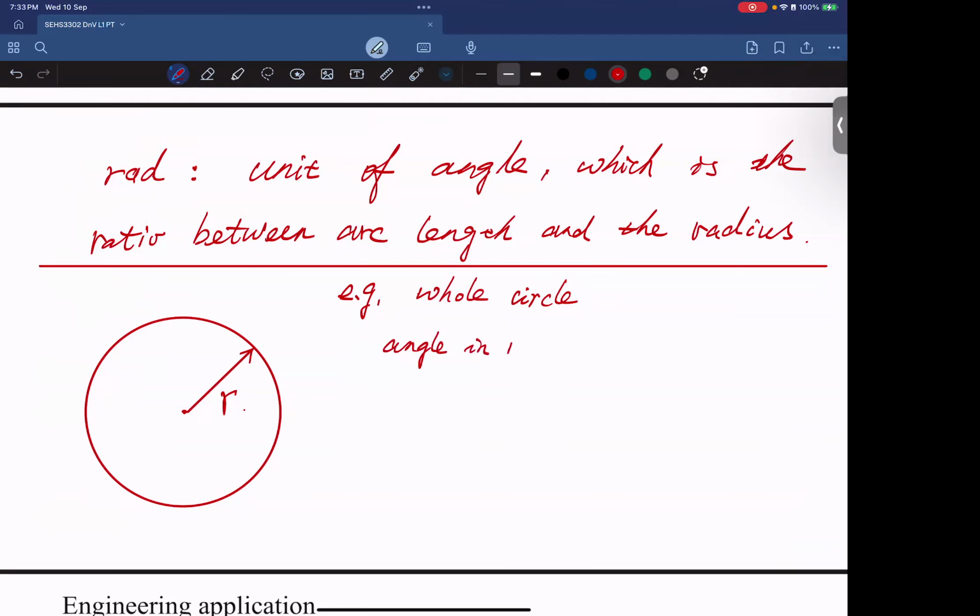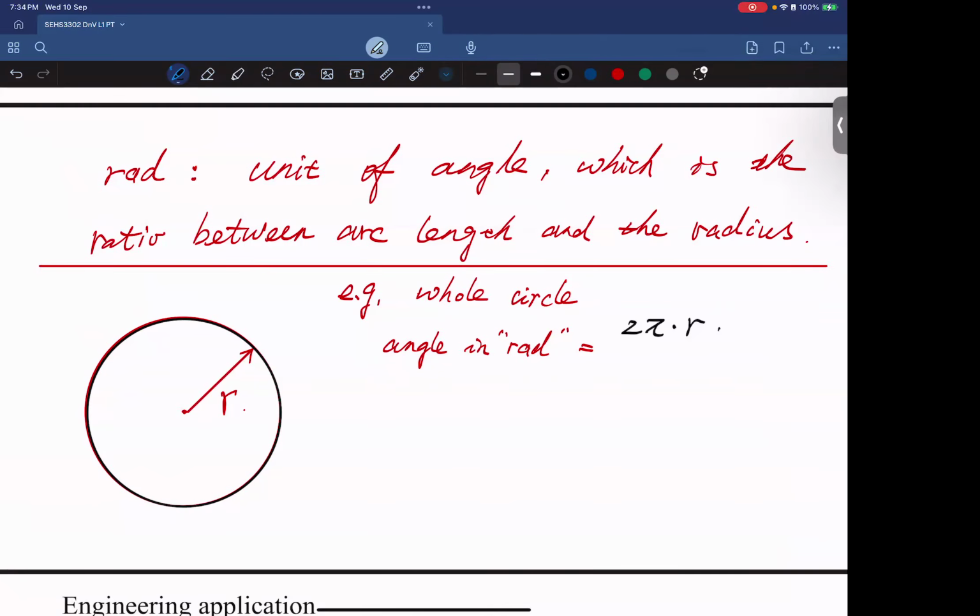Angle in RAD. For this whole circle, this is a special arc, right? And the angle is 360 degrees. For this whole circle, the arc length we learned from middle school is 2 pi r, the circumferential length.